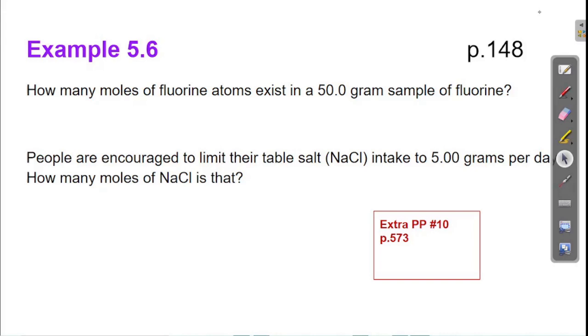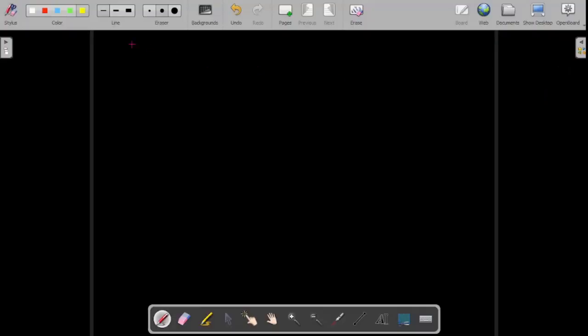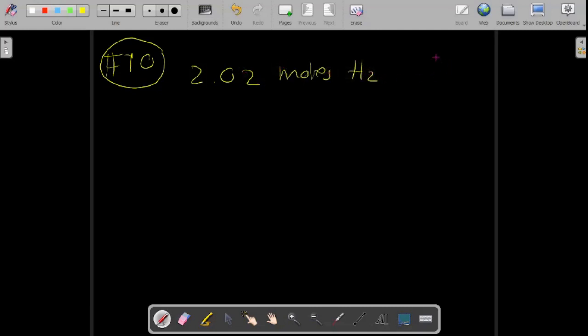So that's what they're asking. So what is the answer? The answer for number 10 is 2.02 moles. Okay. If this is what you got, you did it right, you're done.